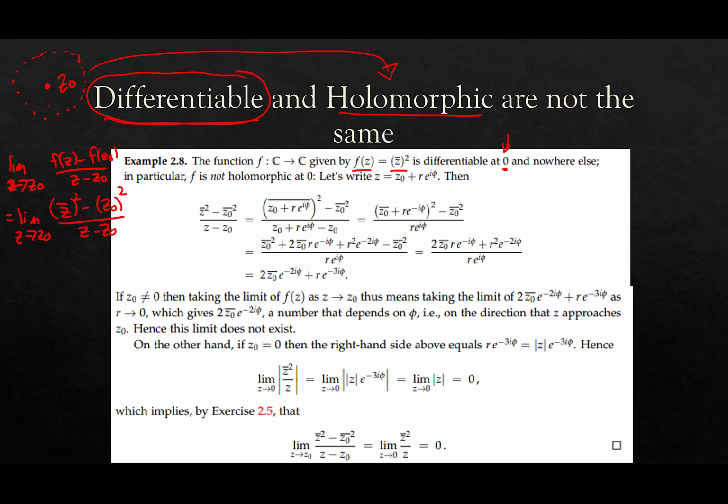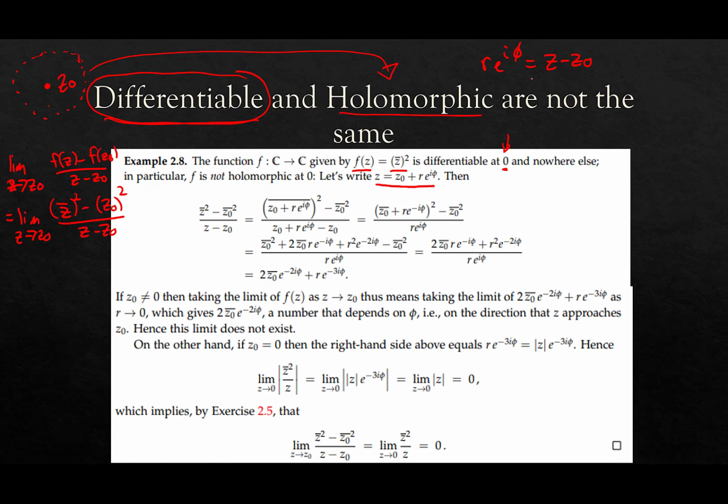Okay, so the way your book shows that this is differentiable and not holomorphic is by using a trick. The trick is writing z equal to z naught plus r e to the i phi. And secretly what they're doing here, and they're not telling you, is thinking about r e to the i phi as z minus z naught.